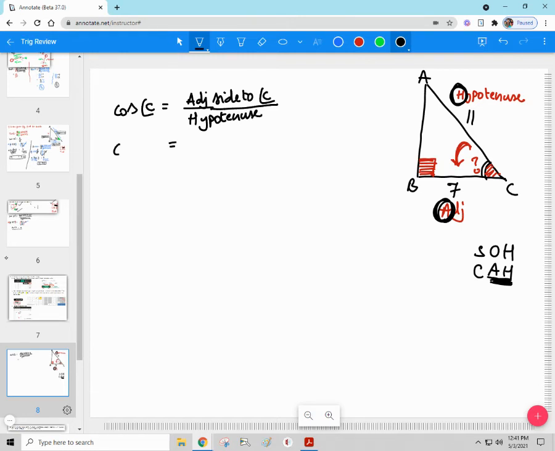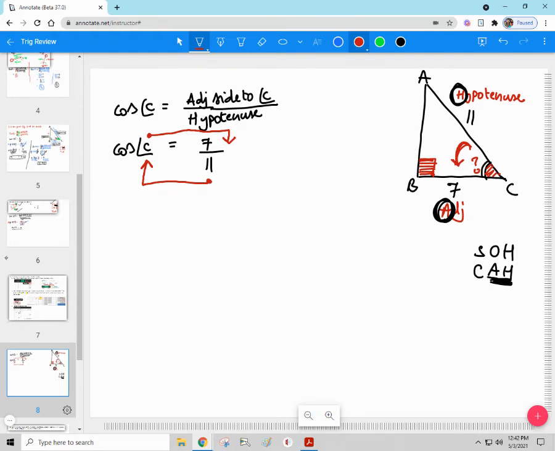So here the angle is not known, so let me write cos C only. Adjacent side is 7 units and hypotenuse is 11 units. And here is the tricky part. Please pay attention. When you are finding the angle, you have to move the angle to the other side of the equal sign, and the values there you have to move here.